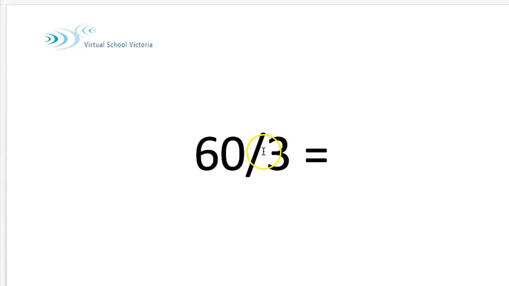Now, you would recognize this as perhaps an improper fraction. There is nothing stopping a division sum from looking like that as well. So 60 divided by 3. And once you see these mathematical symbols, you know you're dealing with a division problem.